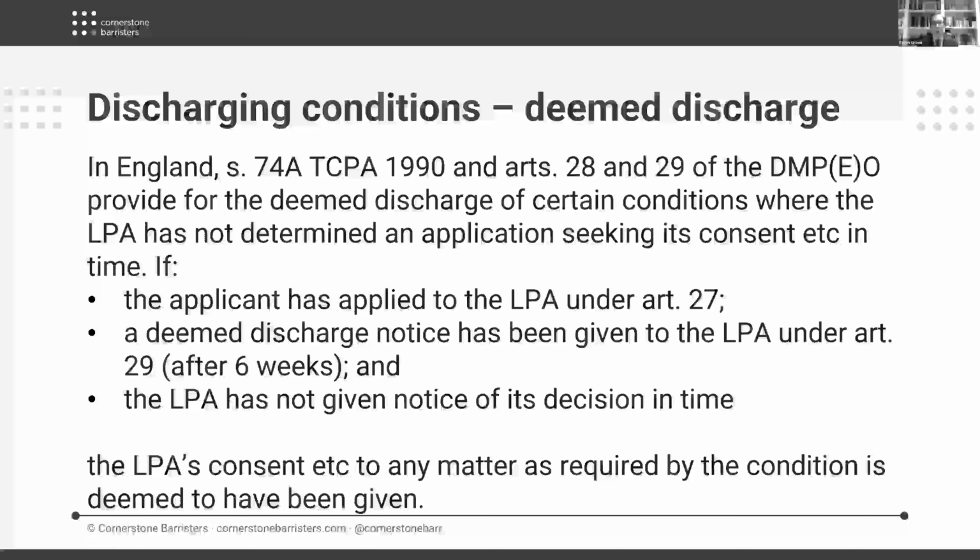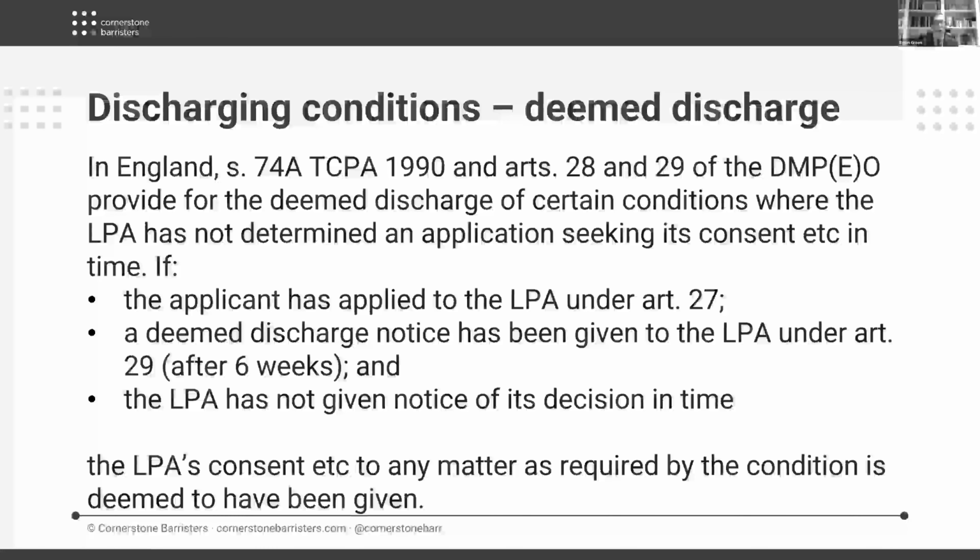At the time, it said that there were about, I think, 1 in 3 discharge applications not determined in time. So it introduced Section 74A, in England only, I hasten to add, into the Act, which provides for the deemed discharge, not of all conditions, but of certain conditions, if the local planning authority has not determined an application seeking its consent, essentially an application seeking discharge of a condition in time.